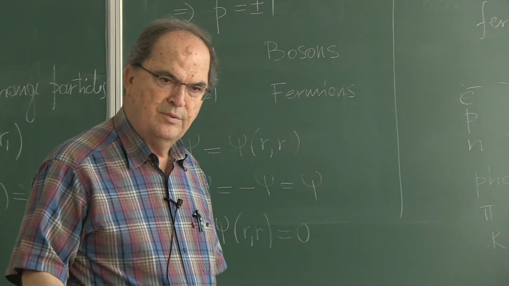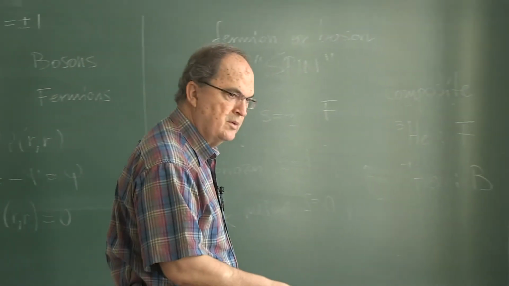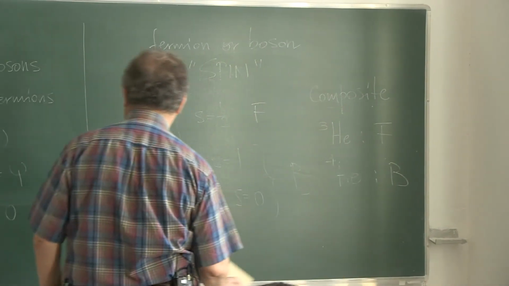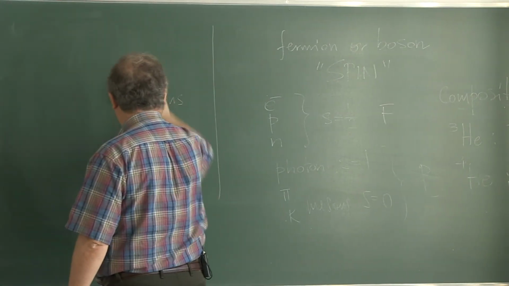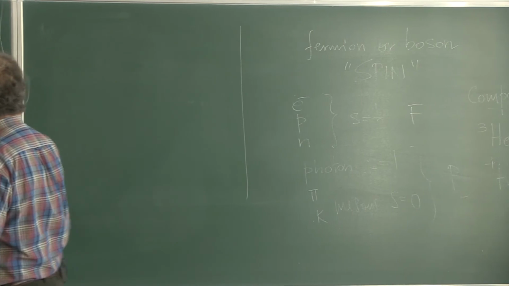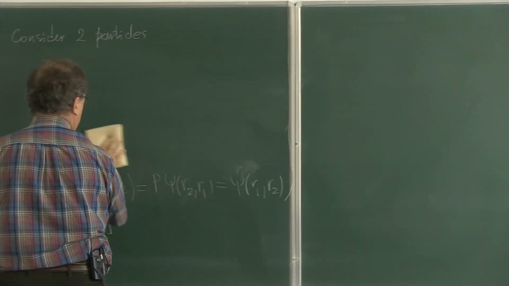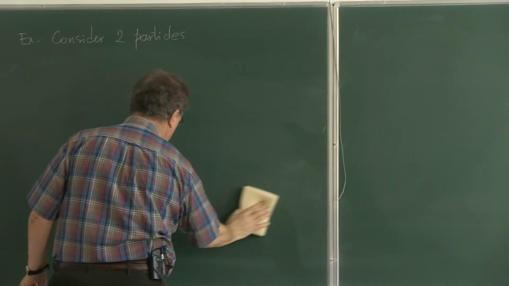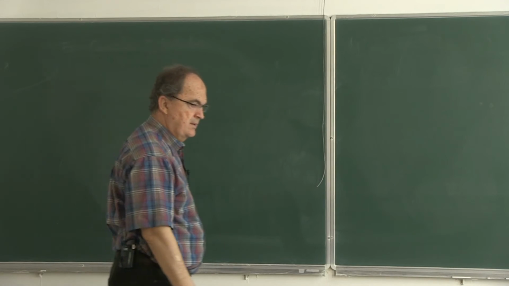Do you know for fermions? What is the form of the total wave function? You, of course, know, but you don't remember. I will remind you what it is. You have studied these before. I'm just repeating.